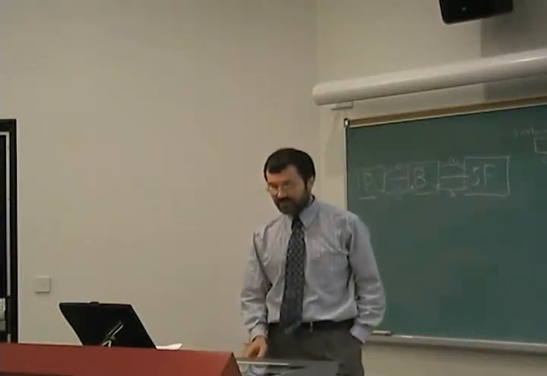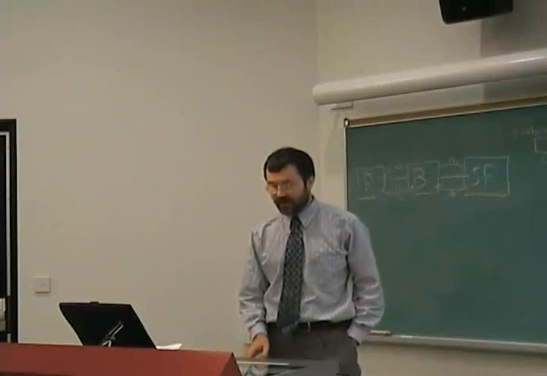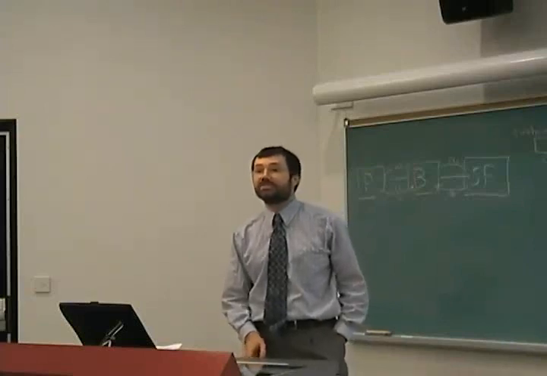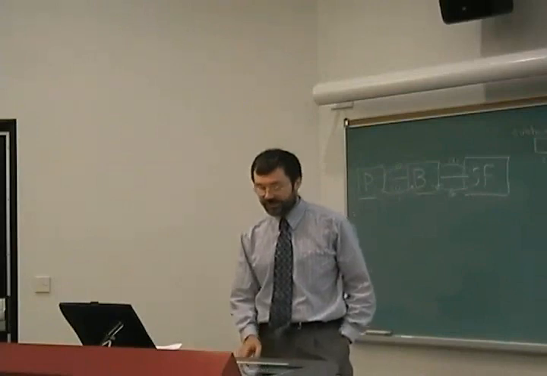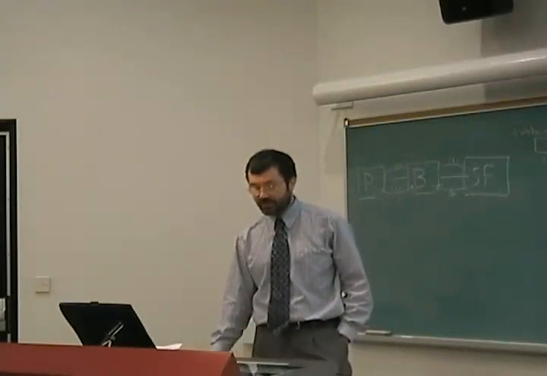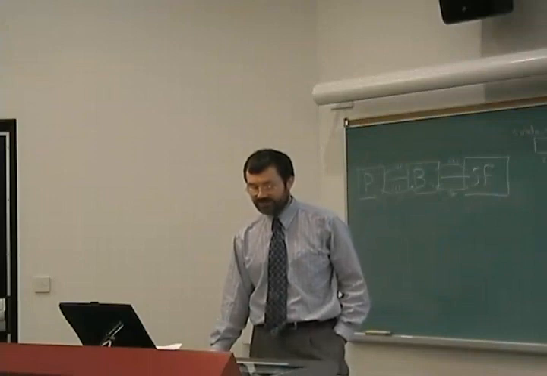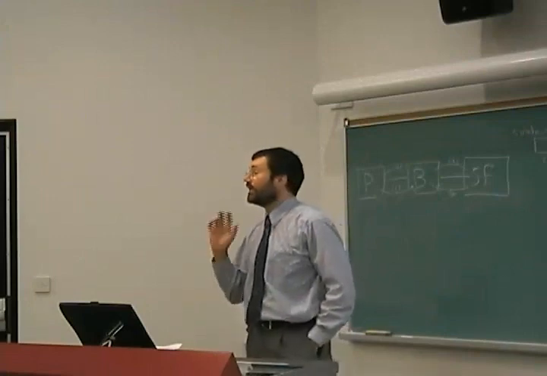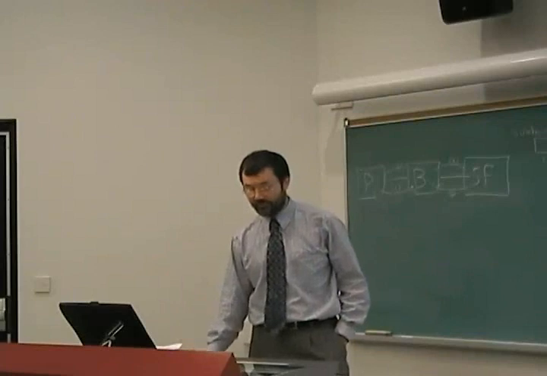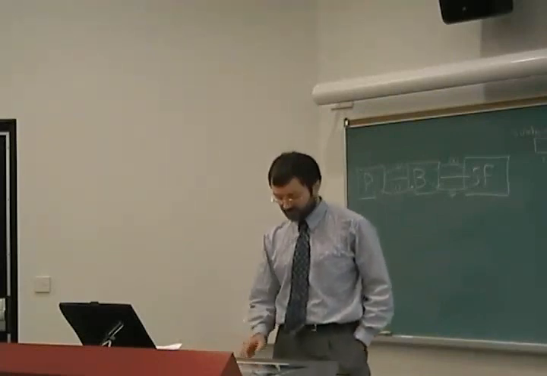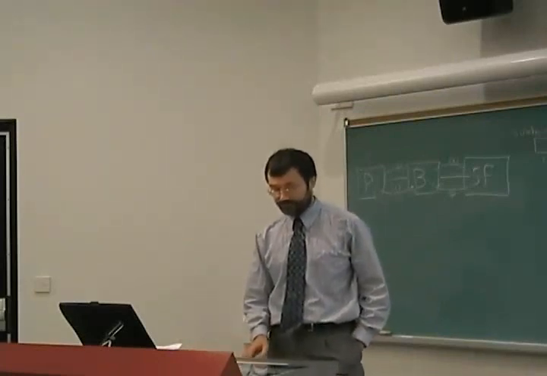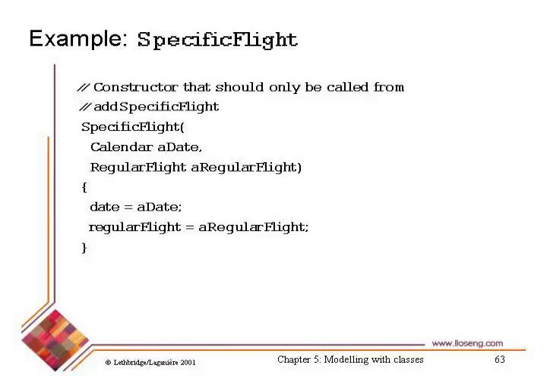All right. So those are the declarations of our instance variables that are going to be used to capture the attributes and the associations. Date is an attribute. Regular flight, destination, airplane, flight log are associations. Implementation, all of them as instance variables. So crew members and bookings are also associations. We have a constructor. Okay, this constructor is going to take a date and a regular flight.